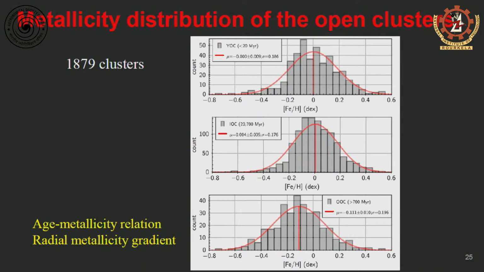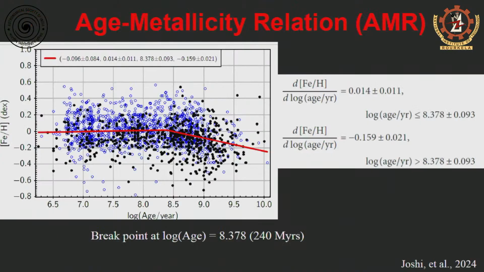One of the things we have noticed is the metallicity distribution of the star clusters. It is a very small sample: of 1879 clusters, 600 plus have spectroscopic metallicity, and the rest, about 1200, have photometric metallicity. We tried to see the age-metallicity relation.